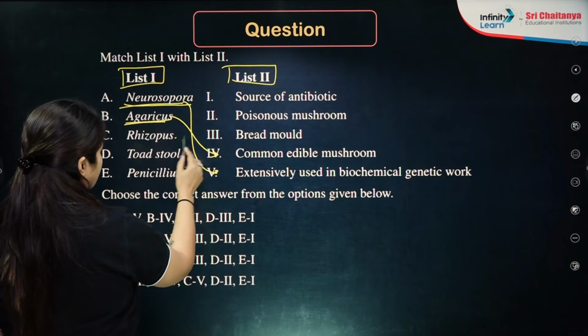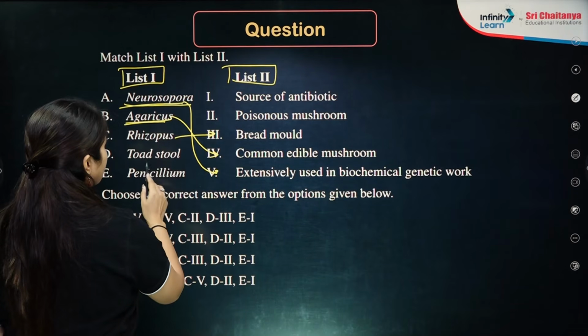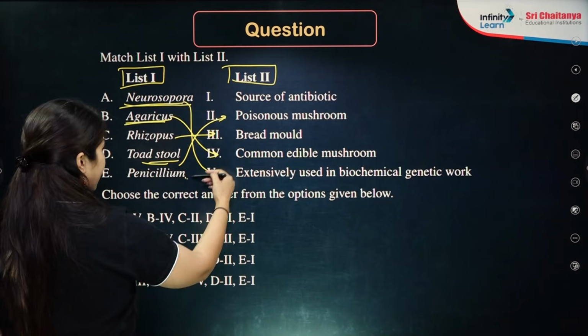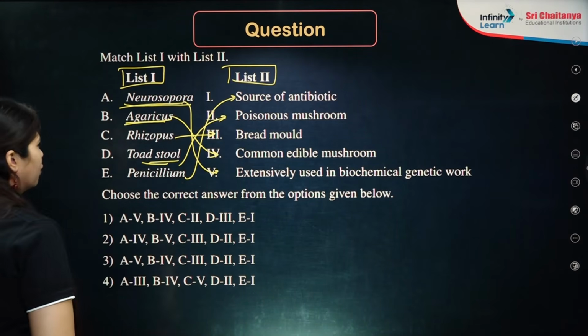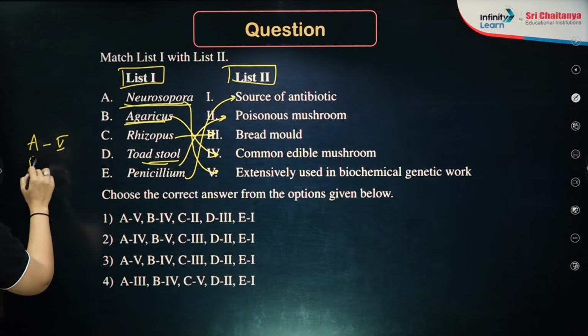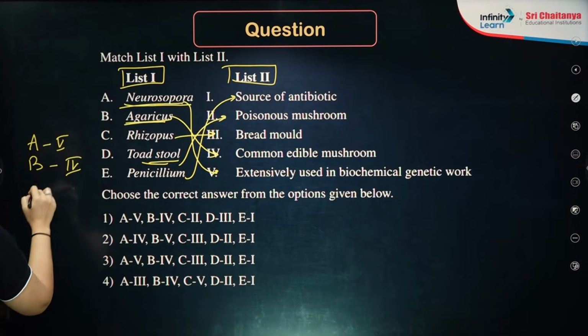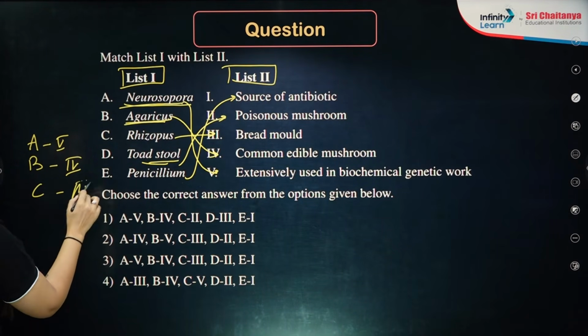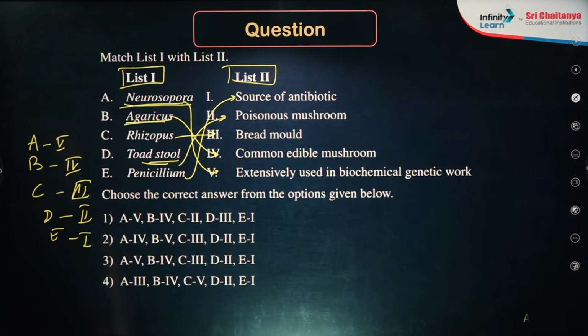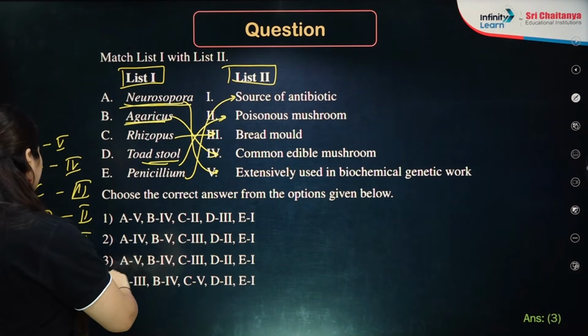Then Rhizopus is also called bread mold. Then we have toadstools. These are the poisonous mushrooms. Penicillium is a source of antibiotic. So Neurospora, A goes with option number 5, B goes with option number 4, C with option number 3, D is with 2, and E is with 1. So answer has to be your option number 3.